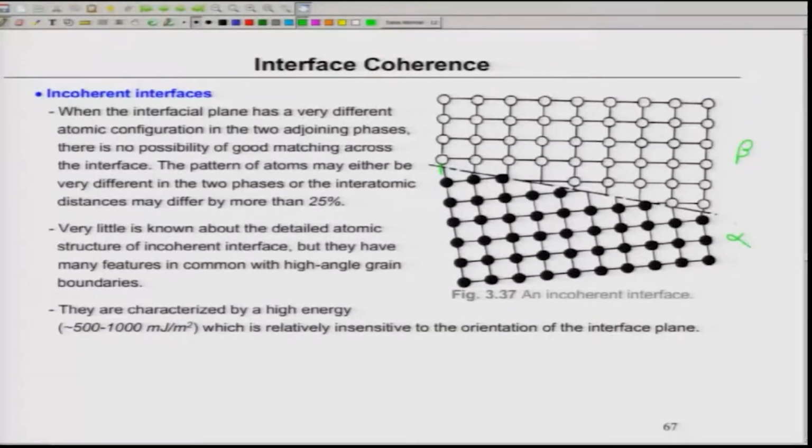Therefore, most of the atoms across the interface are not satisfied by the other side of the crystal, the other side of the phase. So alpha atoms, that is the black atoms, are not forming any bonds across the interface. That is why these interfaces are called incoherent interfaces, because there is no lattice registry at all.